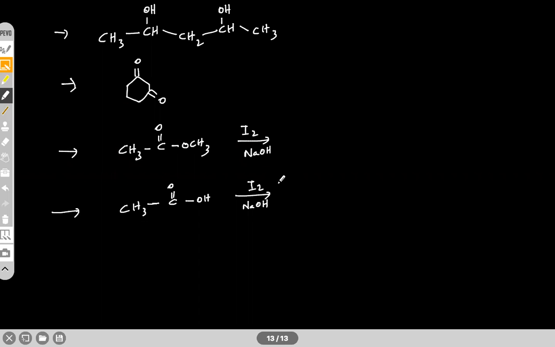So yes, sir. Right? The first one is an alcohol, a 2-degree alcohol, it converts into ketone. The first one shows, second one also shows, right?